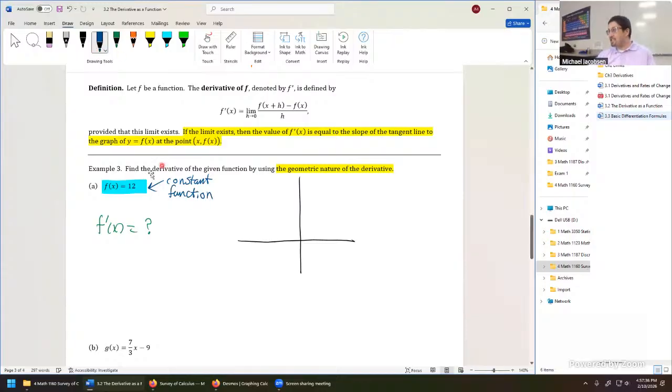What we mean by that is the input is irrelevant. No matter what value you've chosen for x, the output is always constantly equal to 12, no matter what. So if this is, say, 6, then 12, here's the graph of our function.